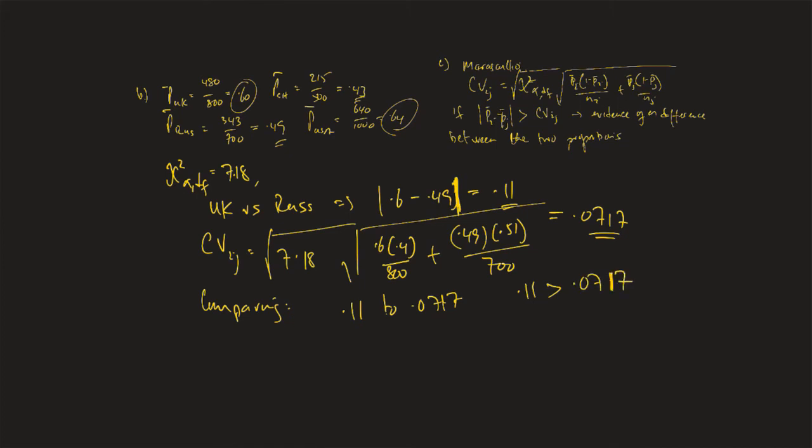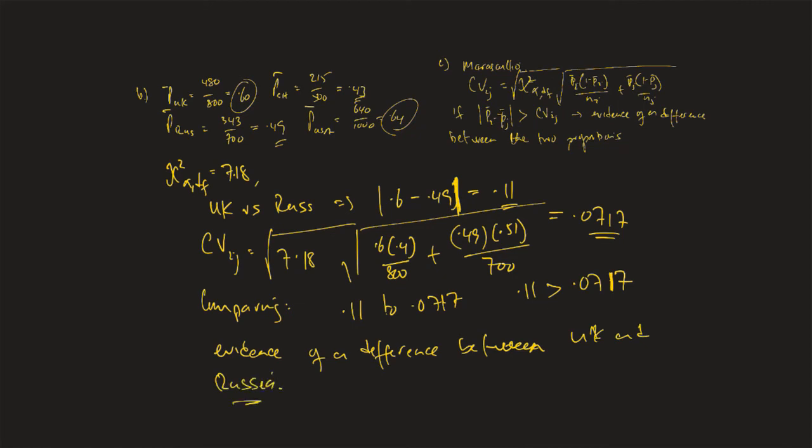That is, the difference is larger than the critical value. So we now have evidence of a difference between the UK and Russia.